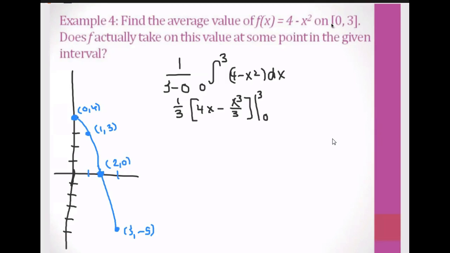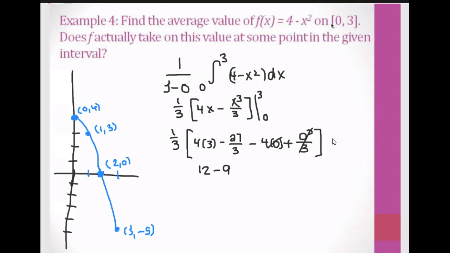So you get 1/3, plugging in 3. So you have 4 times 3 minus 3 cubed, which is 27, divided by 3. Minus 4 times 0, and then that negative would technically distribute, so you'd get 0 cubed over 3. But we know anything times 0 or 0 divided by anything is 0. So you get 4 times 3, which is 12, 27 divided by 3, which is 9, 12 minus 9, which is 3.